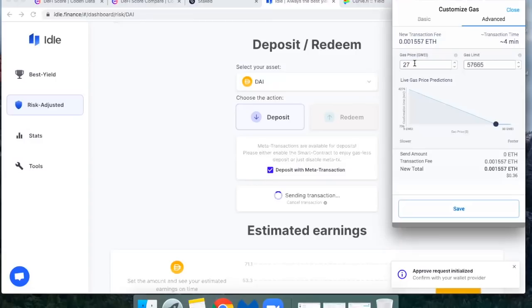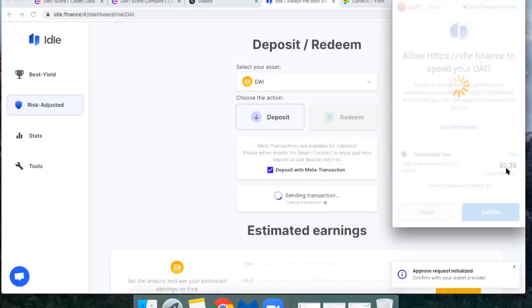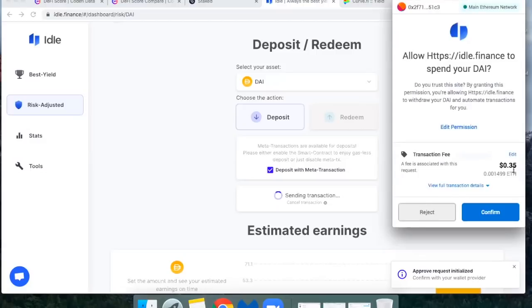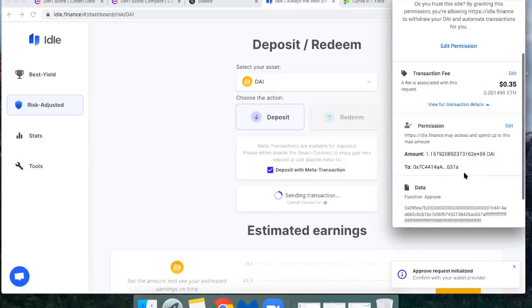So anyways, 27 GWEI would be enough. I could even lower this, and this will bring down the amount of gas that I'm going to pay for this transaction. So it just went from 36 cents to 35 cents. So insignificant, but at the same time, it's saved money.